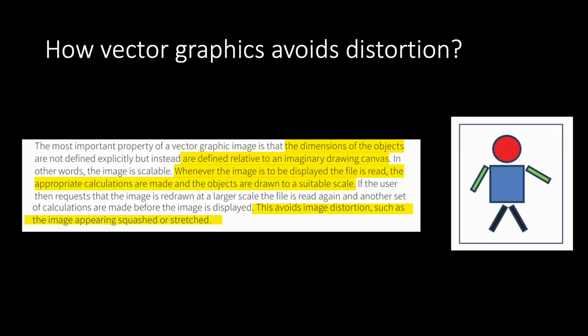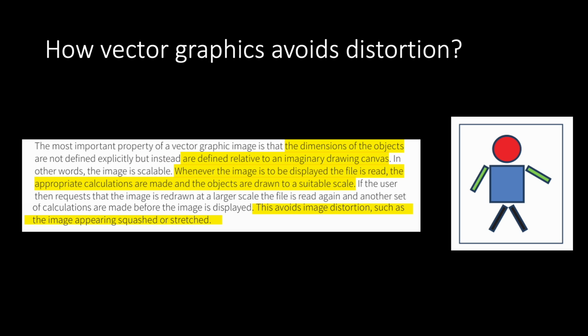Well, how does vector graphics avoid distortion? Like what I just said, the dimensions of the object are not defined explicitly, but instead are defined relative to an imaginary drawing canvas. What that means is the imaginary drawing canvas is divided into an x and y axis with coordinates on them.